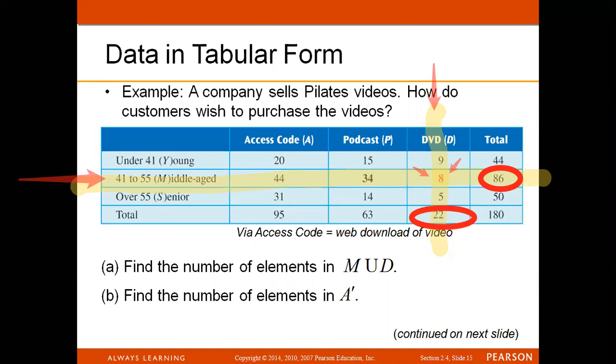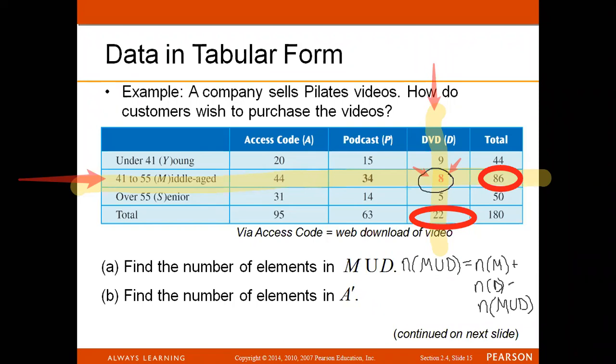So if you recall, the number of elements in M union D is to add the number in M plus the number in D, but then to remove the instance of repetition of the intersection, the 8 being the intersection.